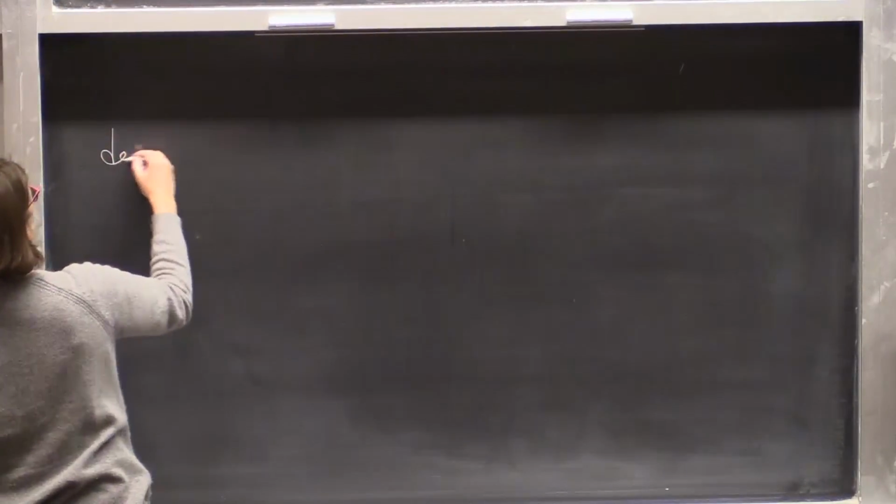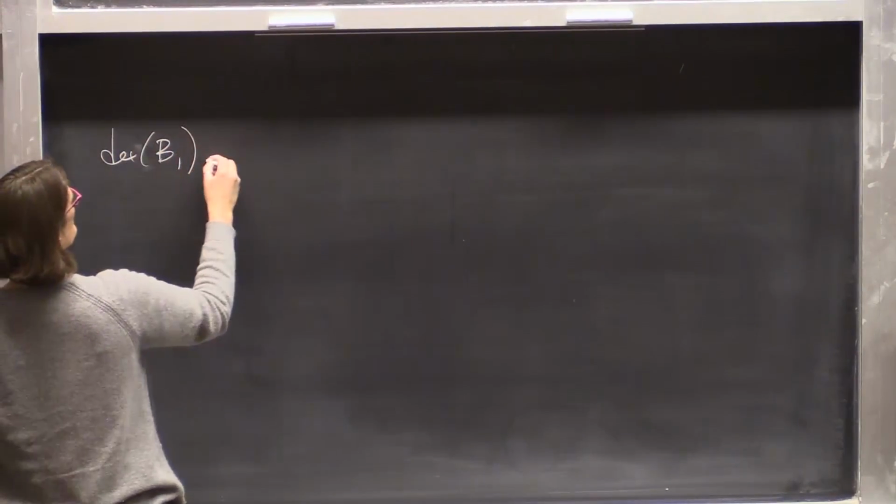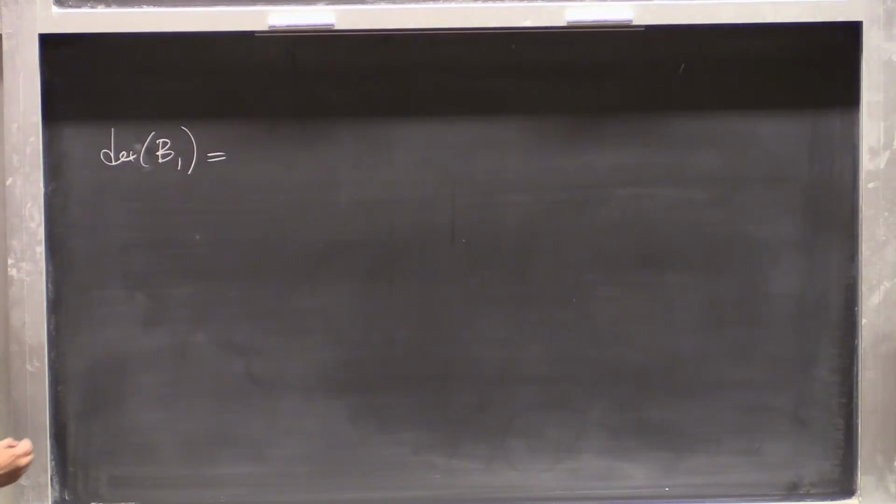So determinant of B1, I'm going to do around the third row.